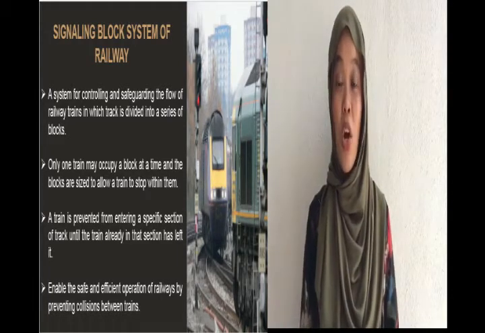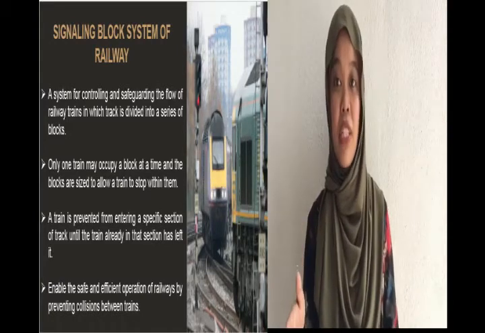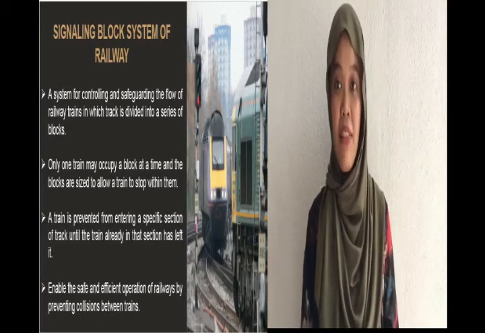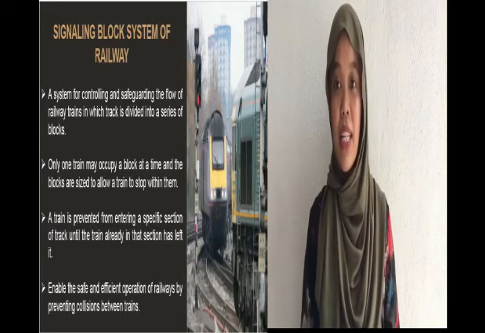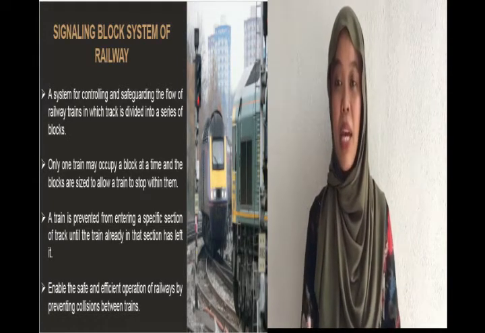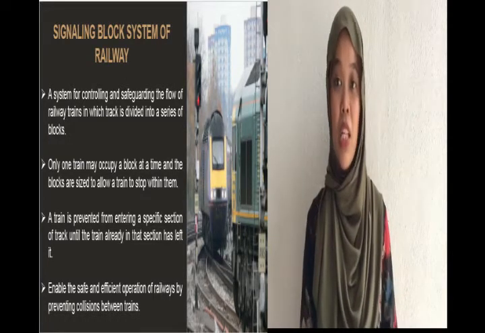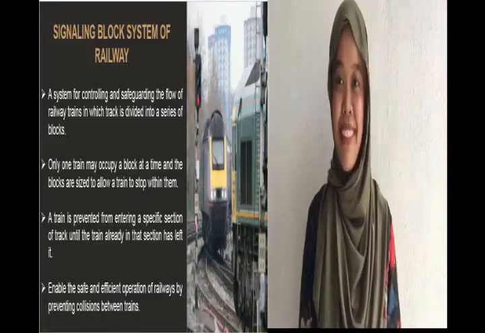The previously occupied block will only be marked unoccupied when the end of the train has entirely left it, leaving the entire block clear. Signaling block system enables the safe and efficient operation of railways by preventing collision between trains.